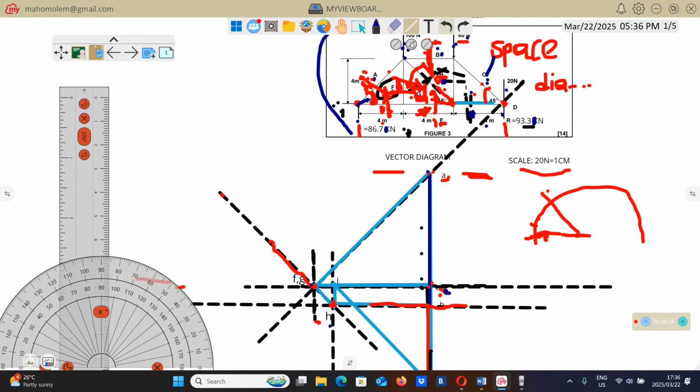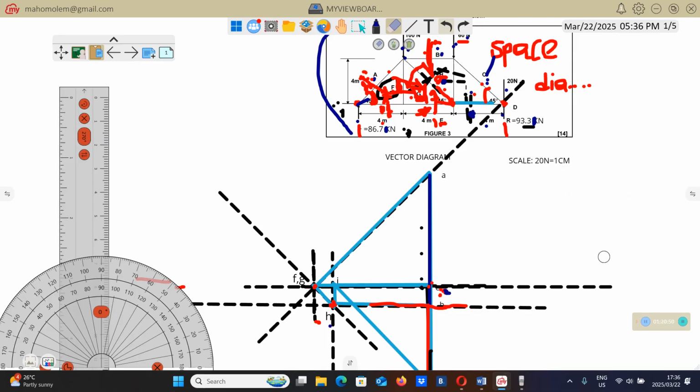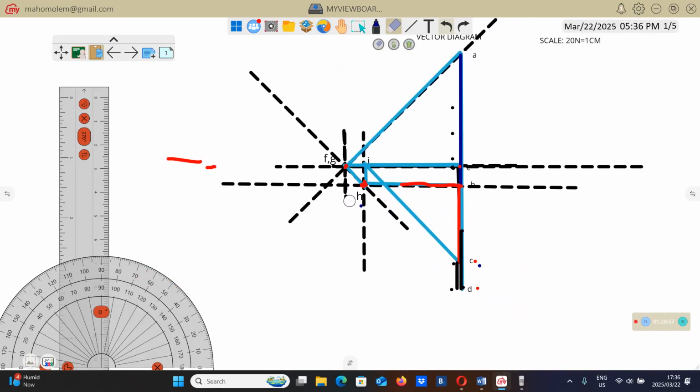Let me see if I can erase this thing. These things are the construction lines. So I'm only able to erase this. The dotted lines I can't, but I will try another technique and see. At the end of the day, you can remove the construction lines, but if you made them too light, there is no need to erase them.